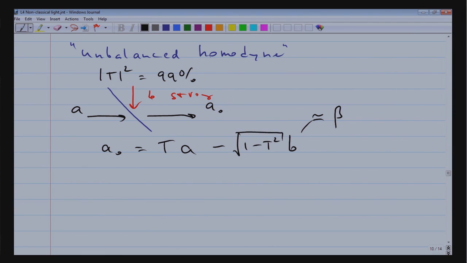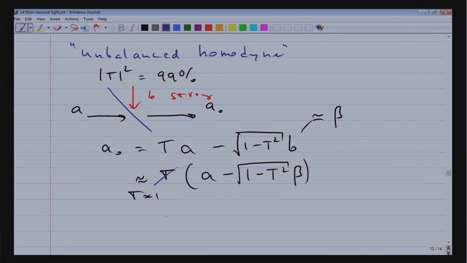And the reflection coefficient is square root of 1 minus T squared. So if we make the approximation that T is approximately 1, we can take it out of the parenthesis. And we obtain that. If T is close to 1, we can neglect it.